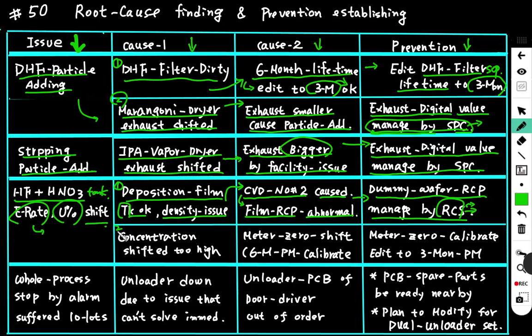And the root cause item 2: the concentration of the chemical shifted and the concentration got too high. According to root cause 1, we found root cause 2. The concentration meter 0 point shifted, and the concentration meter 0 point calibration was checked every 6 months at PM.